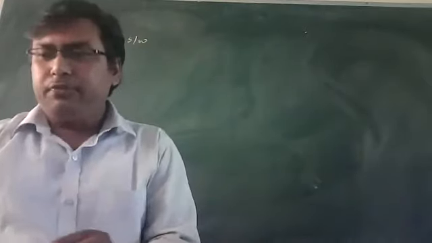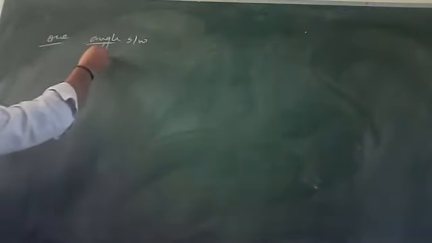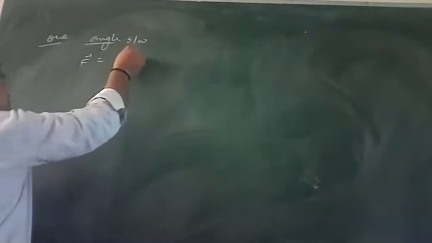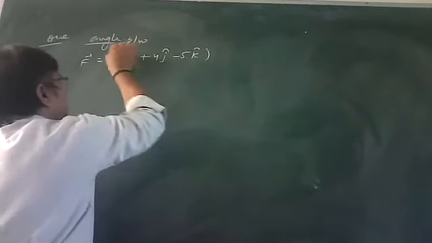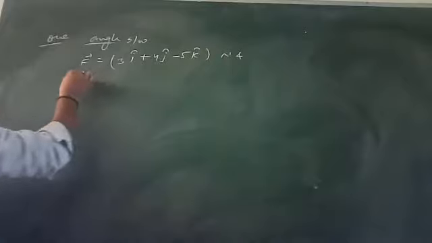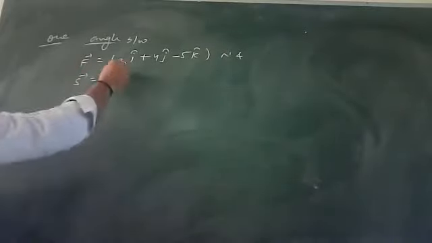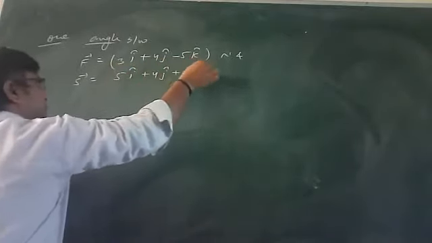Find the angle between force and displacement. Given F vector is equal to 3i cap plus 4j cap minus 5k cap Newton, and S vector, that is displacement, is equal to 5i cap plus 4j cap plus 3k cap meter.